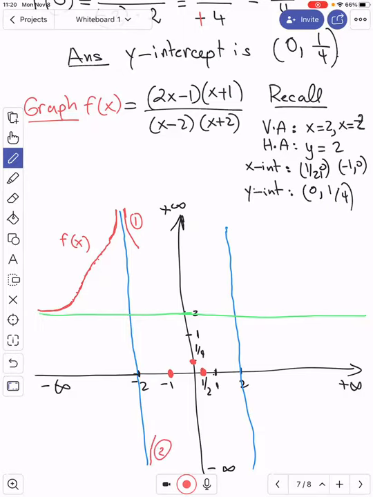Now, if you start from the top, the next thing is this x-intercept at -1, and then you're supposed to cross the x-axis again and join the 1/4, that's your y-intercept.